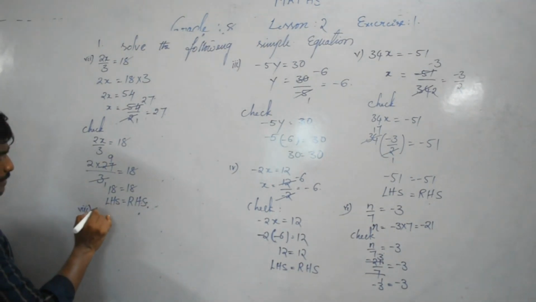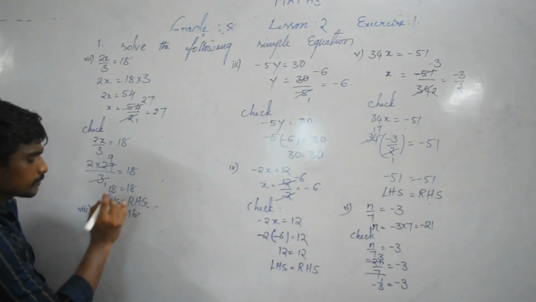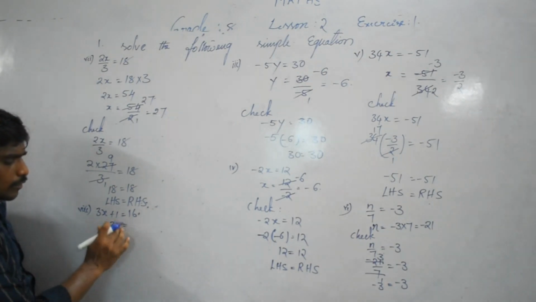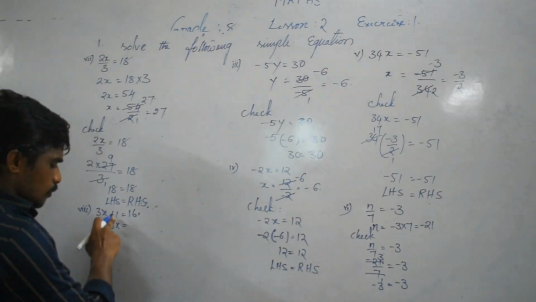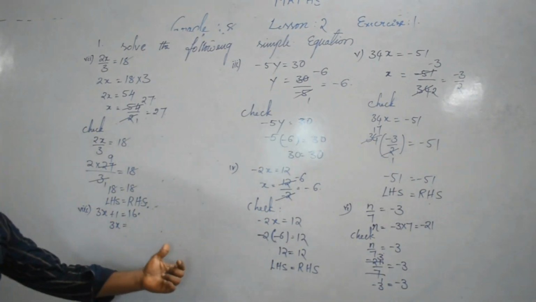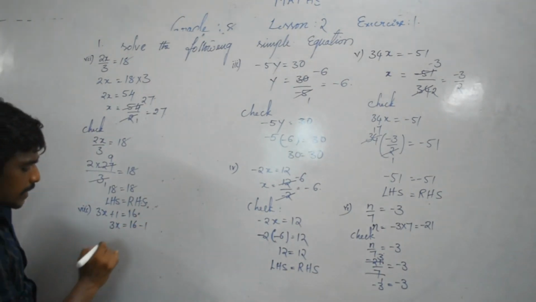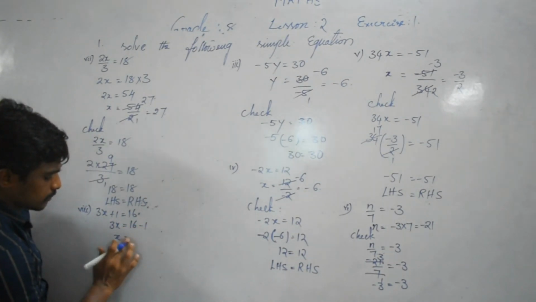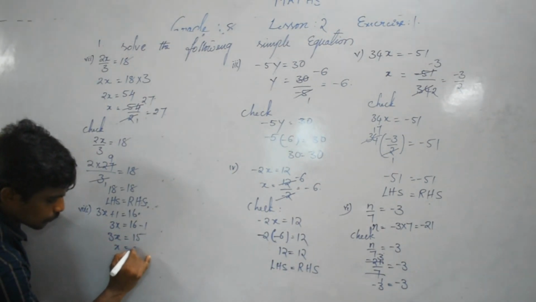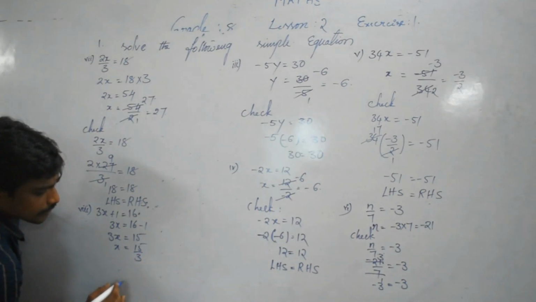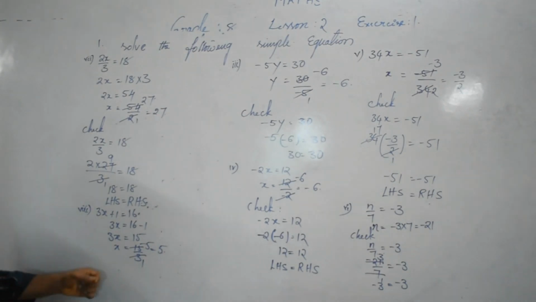Here 3x plus 1 is equal to 16. Here 3x is equal to, 1 transferring to RHS. So here plus term moving to RHS becomes minus term, 16 minus 1. 3x equal to 15. So x equal to 15 by 3. 3 ones are 3, 3 fives are 15. x equal to 5.